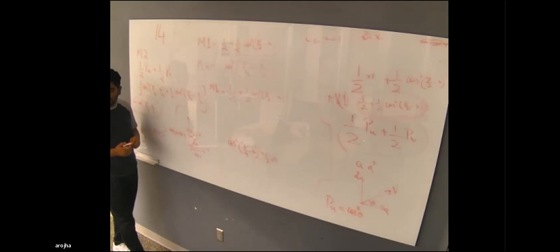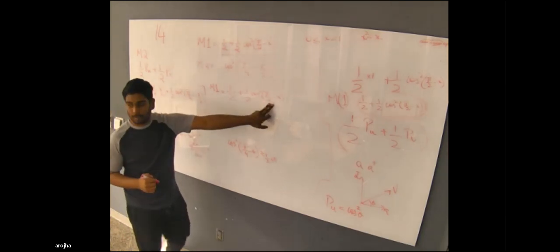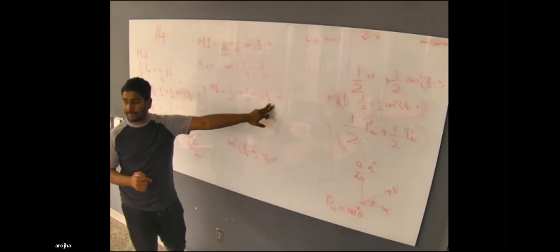So cosine of pi by 2 minus x equals sine x. Now you see the same thing, cosine of pi by 2 minus x here in measurement 1. Cosine squared, I change it to sine x.